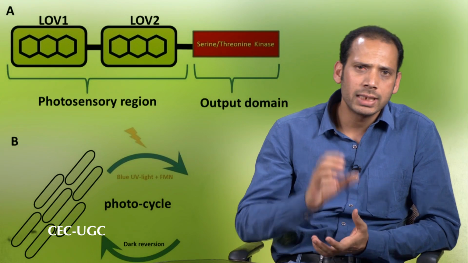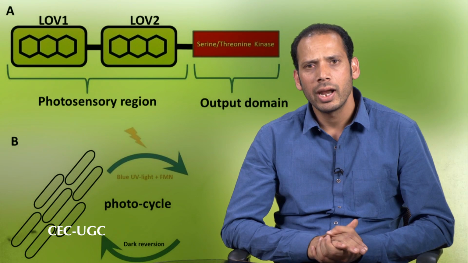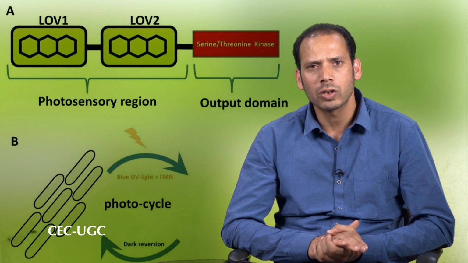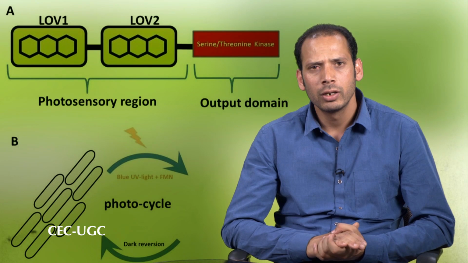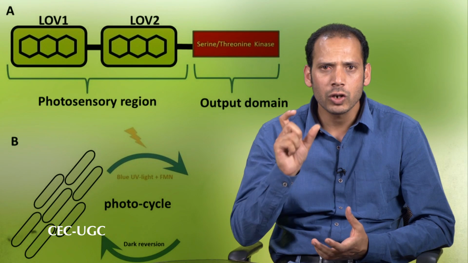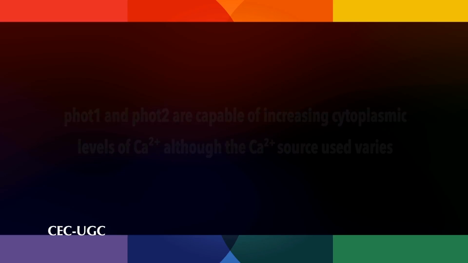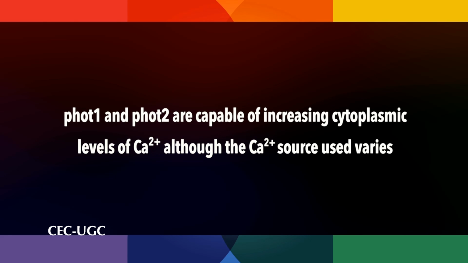Calcium has previously been shown to be a versatile intracellular messenger, and changes in intracellular calcium levels are observed in stomatal opening, chloroplast movement, and the rapid inhibition of hypocotyl elongation, which are all blue light responses initiated by phototropins. Both Phototropin 1 and Phototropin 2 are capable of increasing cytoplasmic levels of calcium, although the calcium source used varies from species to species.